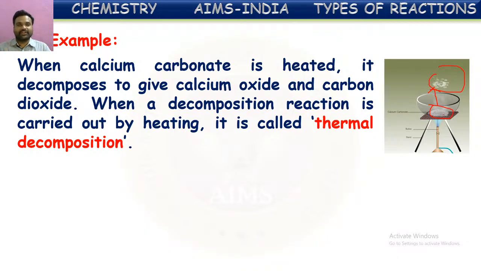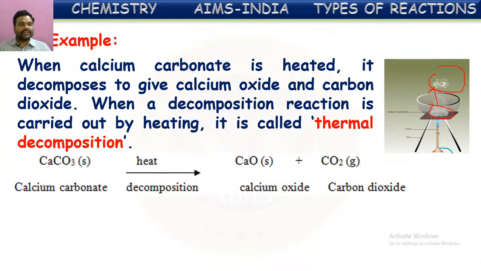By supplying heat. So when a decomposition reaction is carried out by heating, it is called thermal decomposition also. Thermal means heating. So the decomposition which is carried out by a heating process is called thermal decomposition. So here the decomposition of calcium carbonate is a thermal decomposition reaction.